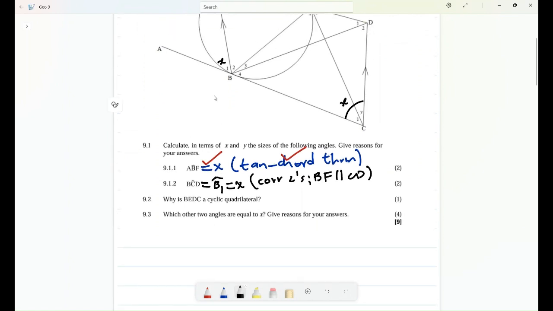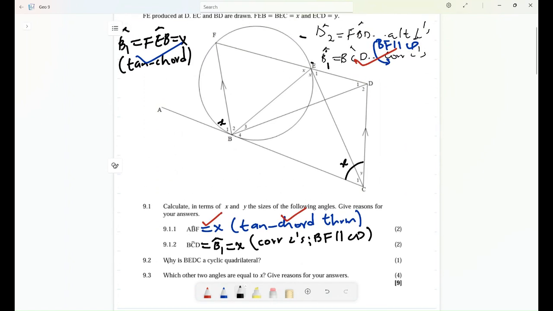Now, we are asked, why is BECD a cyclic quadrilateral? BECD, let's locate that. So probably they are talking about this thing here.